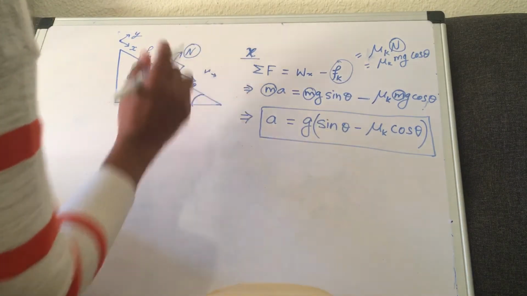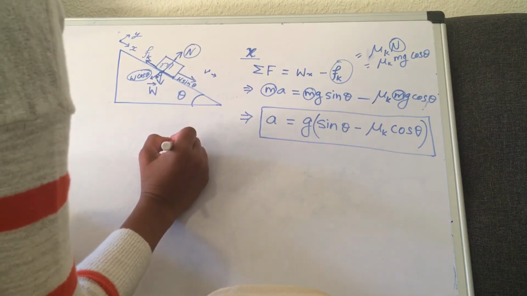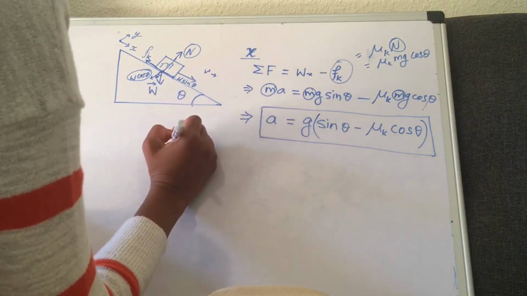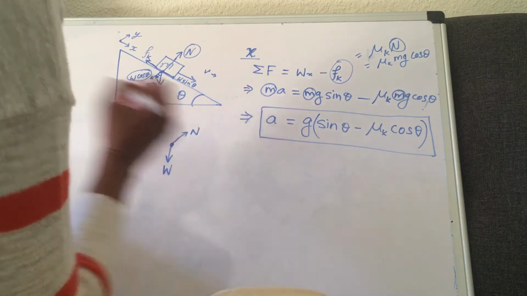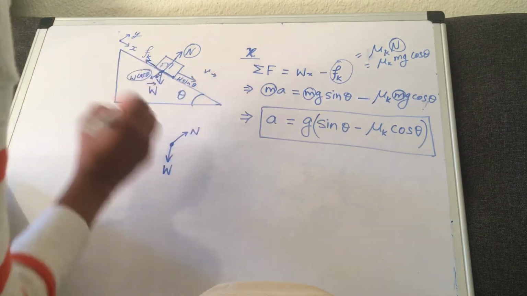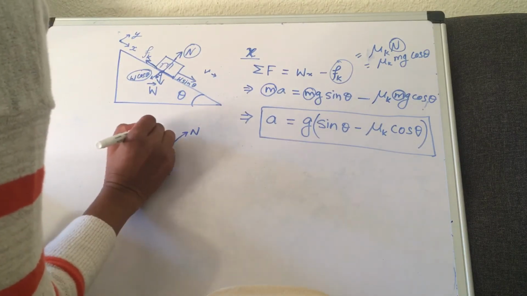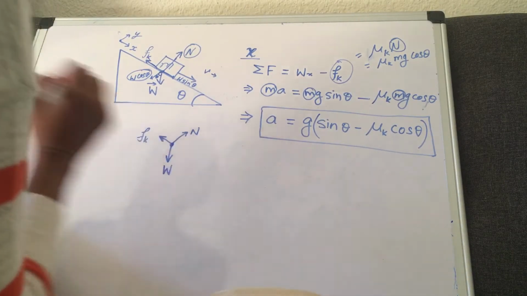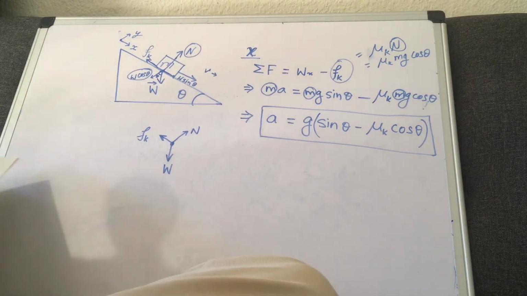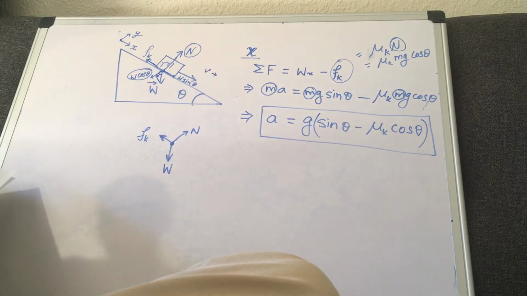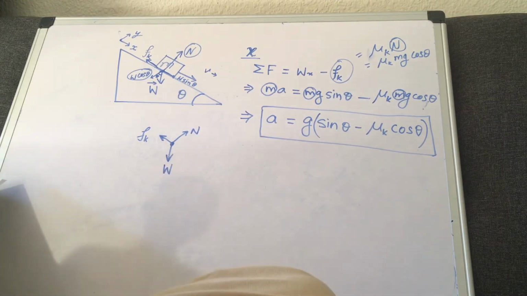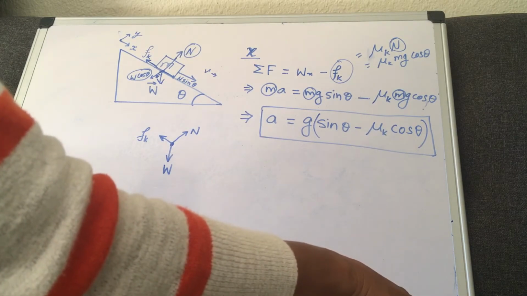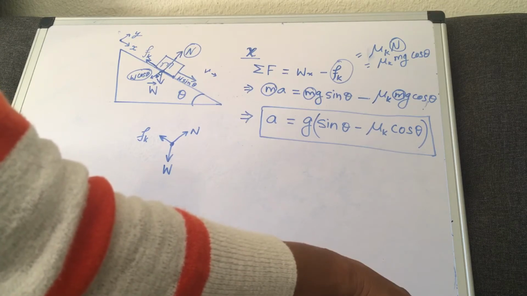The object can be represented as a dot, and let's say the weight is W here, and then the normal force is going like this, and Fk is like here. Okay, so now what shall we do?